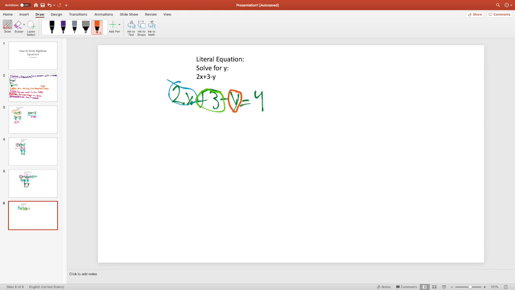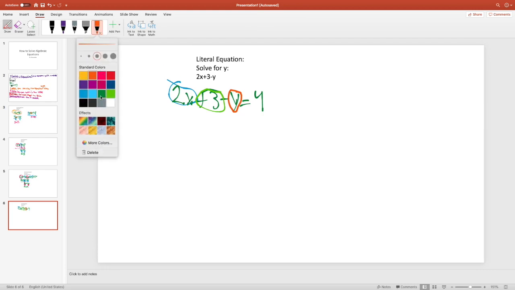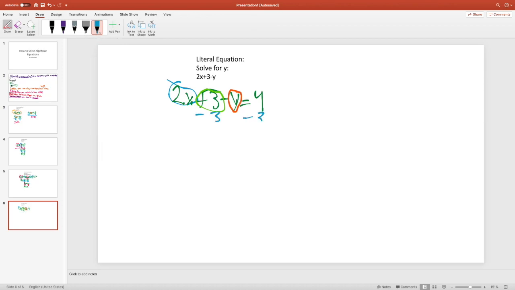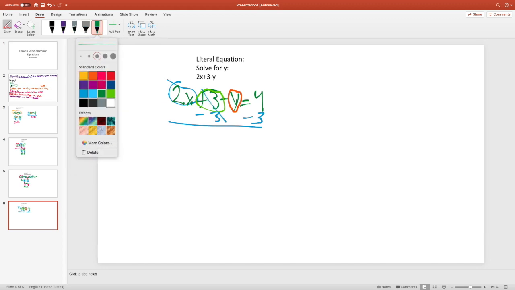If they were both x, they could combine, but they're not. So we have to exclude y as a coefficient and give it its own color. So first, we're going to solve for the constant.